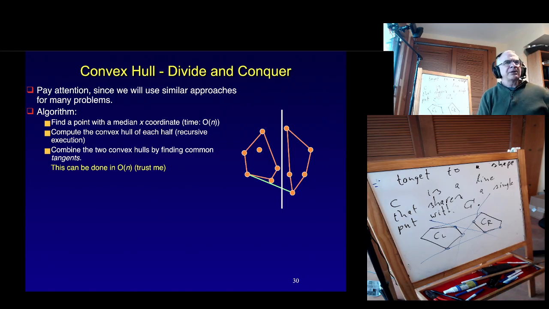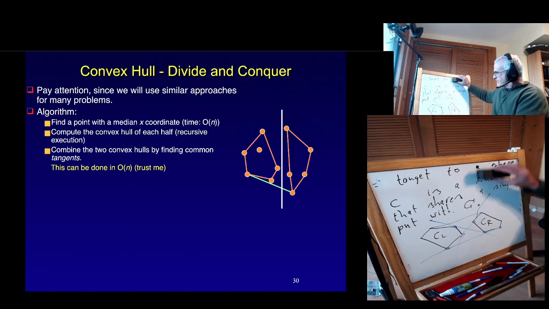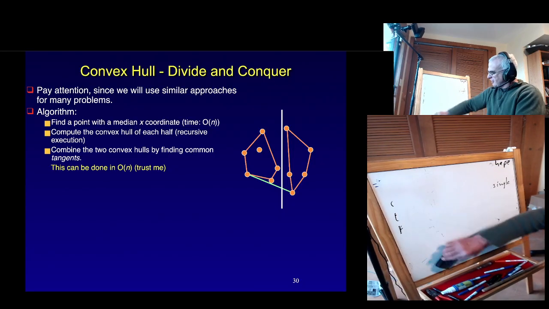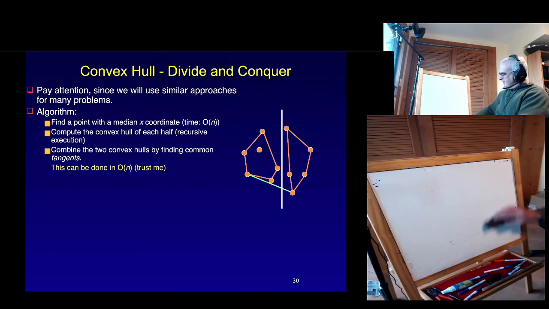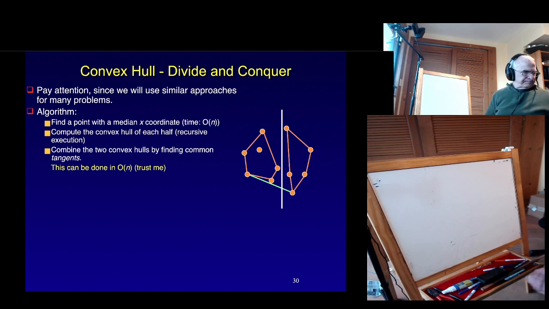By the way, how many common tangents do you have if the shapes are allowed to intersect? If C left and C right have points in common, how many common tangents can they have?